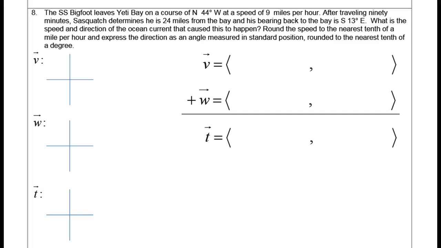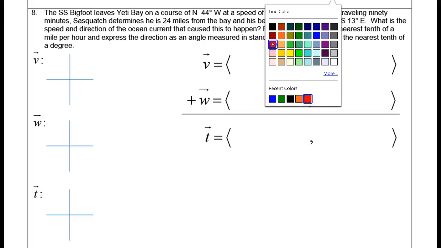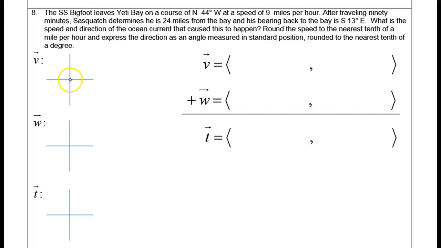Well, we are given the actual vector v, because we're told that the SS Bigfoot leaves Yeti Bay on a course of north 44 degrees west at a speed of 9 miles per hour. So we can go ahead and sketch that vector v. North 44 degrees west at 9 miles per hour.